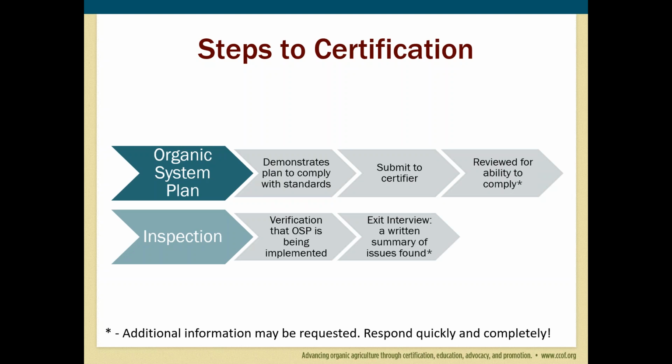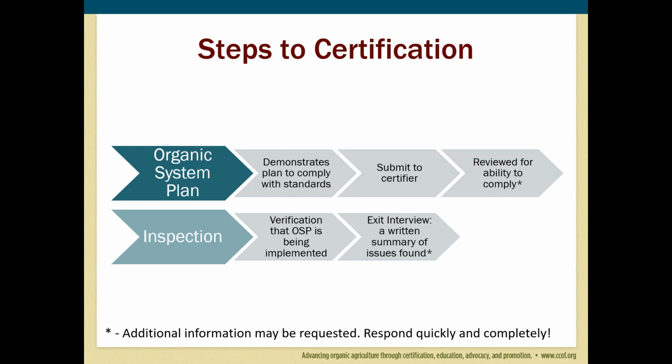So the inspector is going to do this by walking the fields with you, reviewing your OSP, looking at your records and your overall system for keeping records. They're going to look at your input material storage, your irrigation system, and much more. And that'll be dependent on your operation and the specifics of your operation.